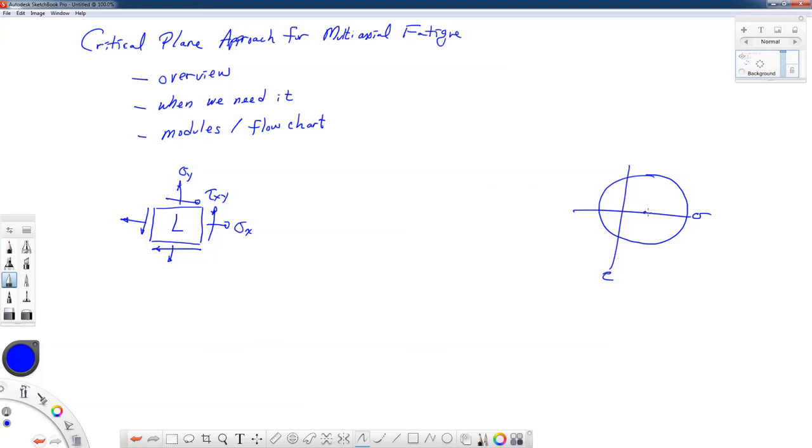Maybe this is the center of the circle, and maybe this is our sigma x, tau xy point. Maybe this is our sigma y, minus tau xy point over here. And we would look at this would be 2 theta p, and at the angle theta p, the principal angle, we would find our principal stress state.